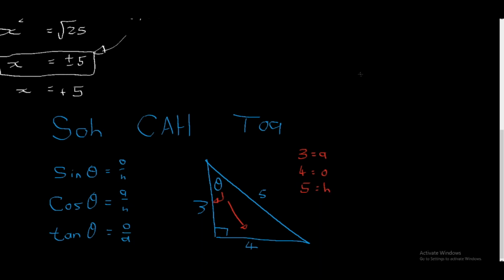Now they can ask you, well, what is the sine of theta? Well, we know, according to SOH, it's the opposite over hypotenuse. And therefore, the sine of theta will be the opposite, which is 4 over 5.